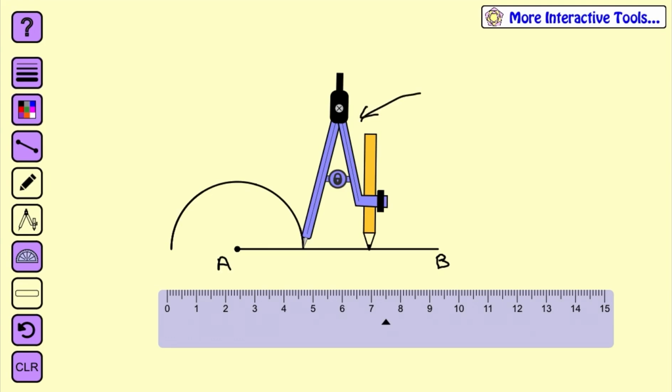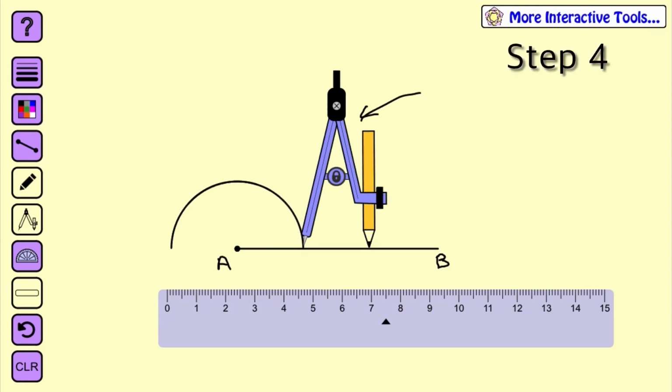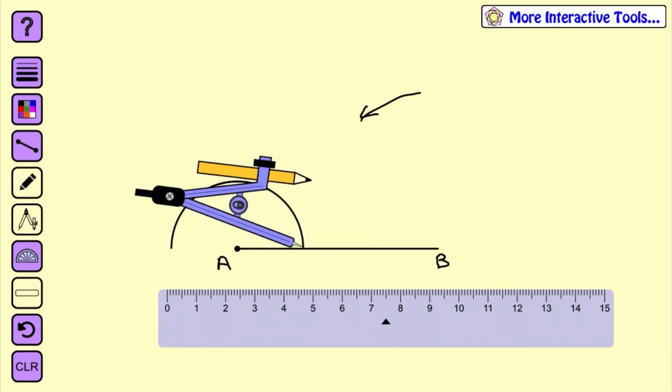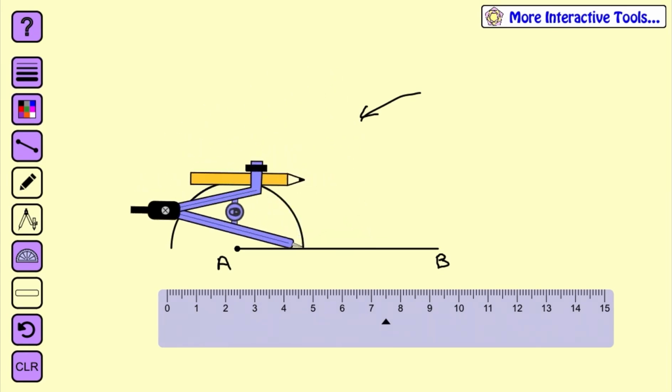And throughout this process, make sure not to change the angle that the two legs of the compass form. So now reposition the compass so that the pencil stops right before the semicircle.